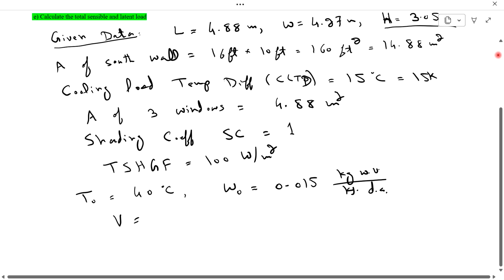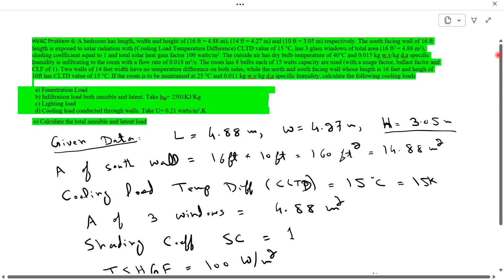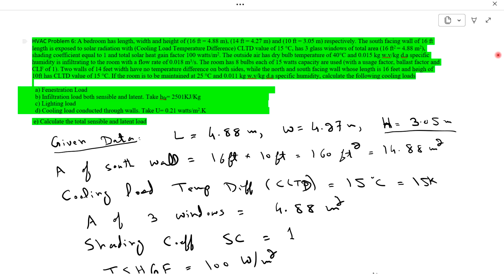Volume flow rate is equal to 0.018 meter cube per second. Here is the outside air dry bulb temperature of 40 degrees centigrade and 0.015 kilogram specific humidity.